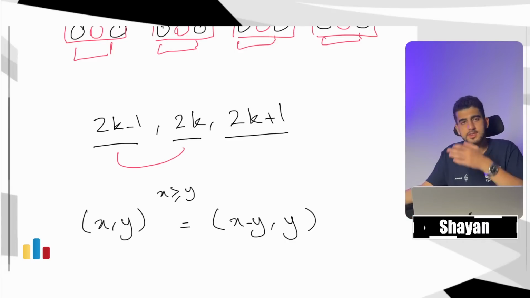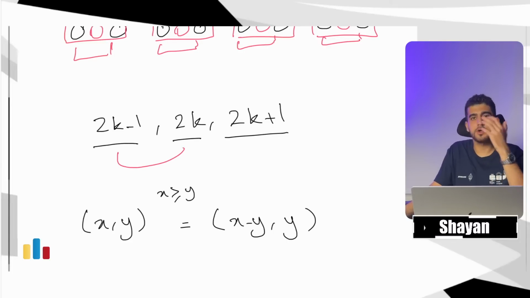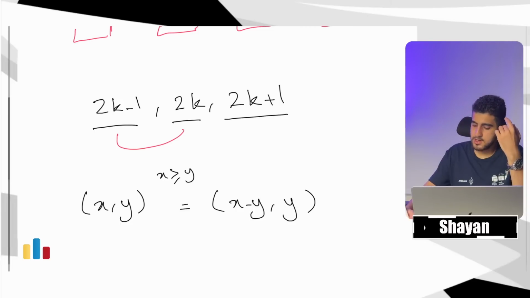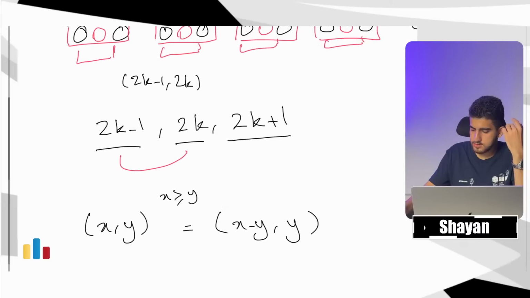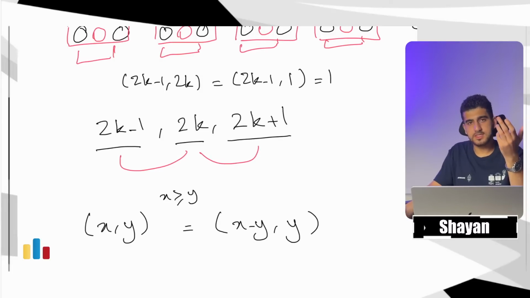And GCD of 0 and x is equal to x. So if x is greater or equal to y, it's a well-known fact that GCD of x and y is equal to GCD of x minus y and y. So the difference of these 2 is 1, and GCD of 2k minus 1 and 2k, based on this fact, is going to be equal to GCD of 2k minus 1 and 1, which is 1. Also GCD of these 2 is 1 with the same reason.